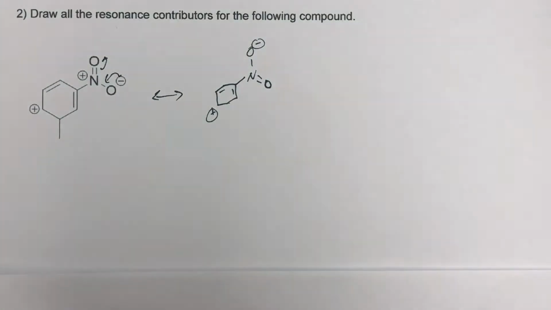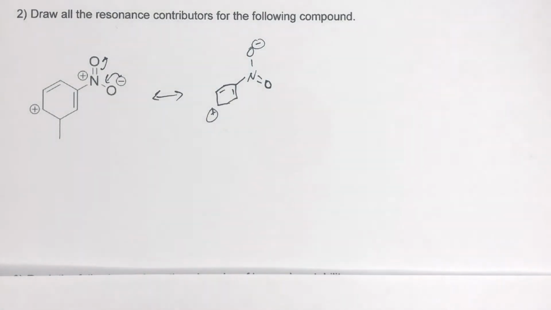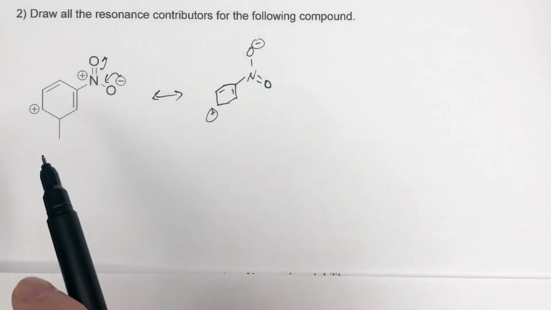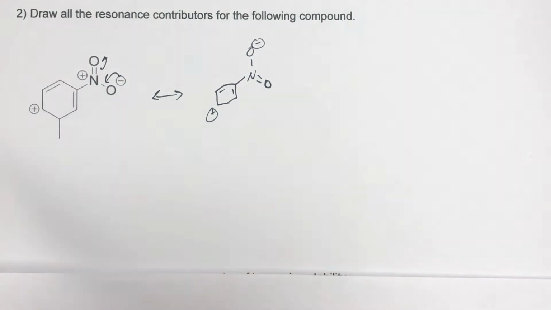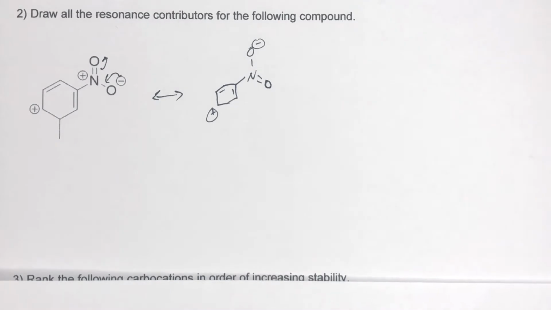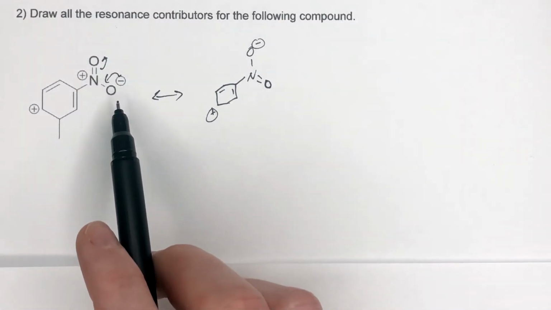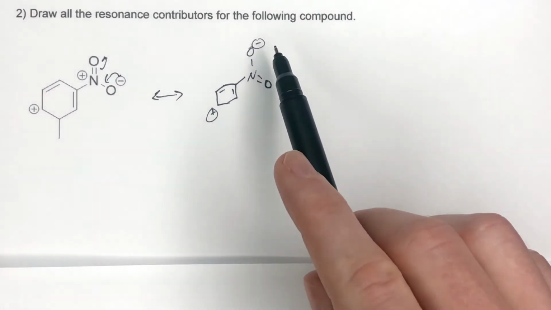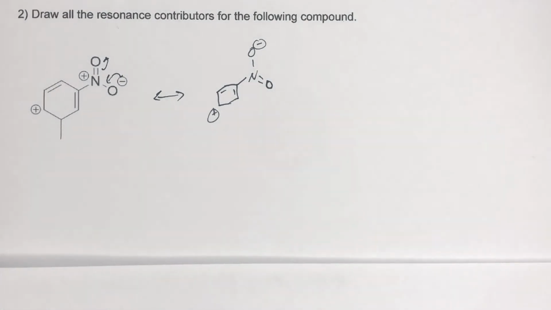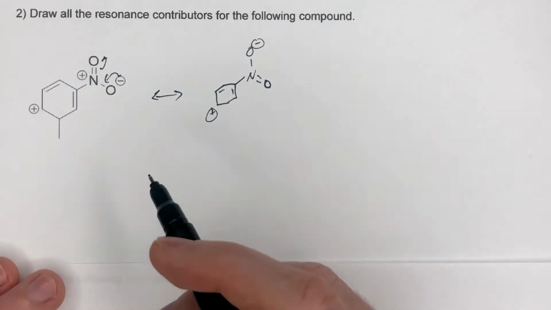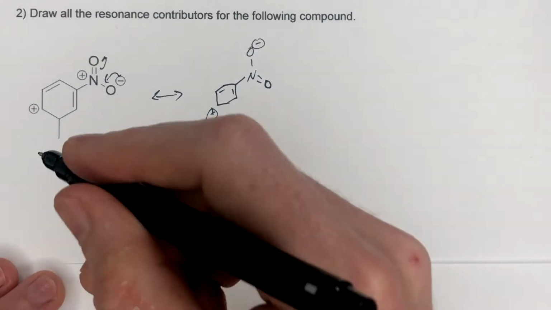Now this is possible at all of the oxygens, so I'm only going to show this as representative of all of the oxygen contributors, because we're going to have delocalization of these pi bonds as well. So you could get possible permutations where you have the carbocation and this particular negative charge on the oxygen, or the carbocation with this negative charge on the other oxygen. To avoid drawing all of those as their equivalent, we're only going to show the distinct ones. So this is the case here for this first oxygen.